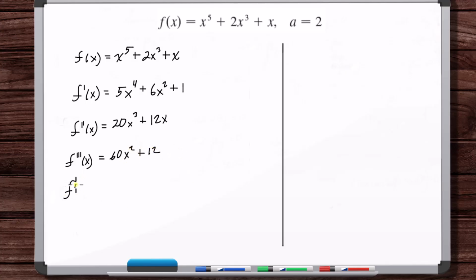All right, and you can see what's going to happen is the derivatives become 0. Now, what you can think about though is technically it's still going to end up being an infinite series.